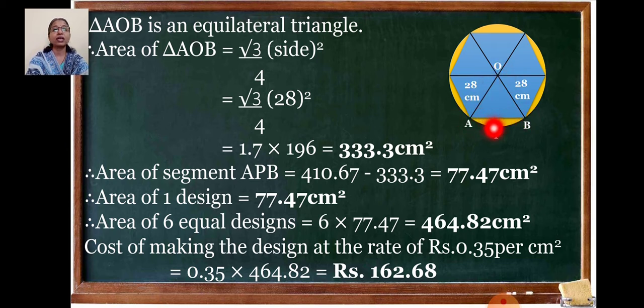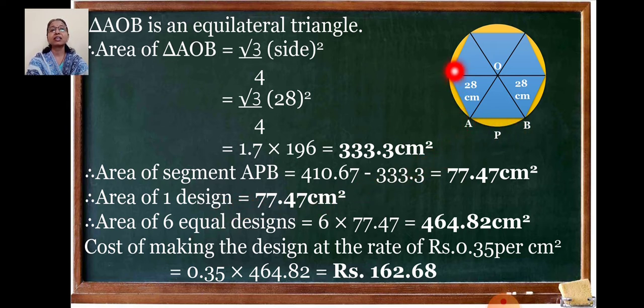So in this way we have calculated the area of sector OAPB, and also the area of triangle OAB. Therefore the area of this yellow portion, segment APB, is equal to the area of sector minus the area of triangle, and their subtraction is 77.47 centimeter square. So this is the area of one design.